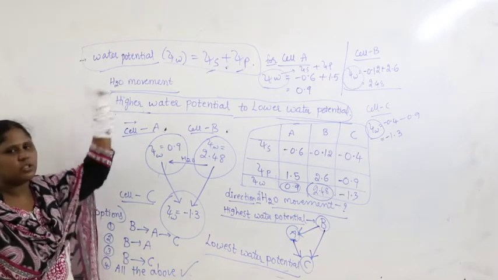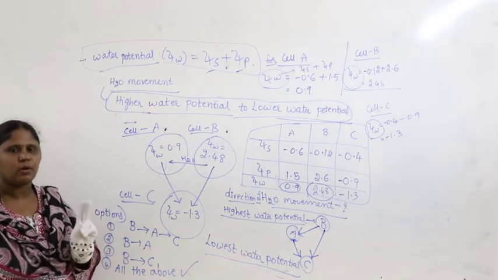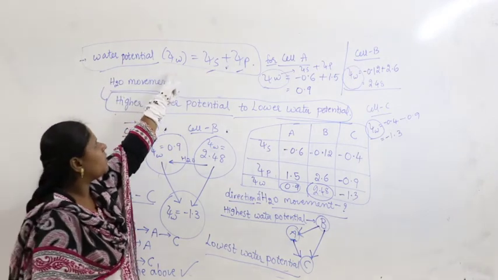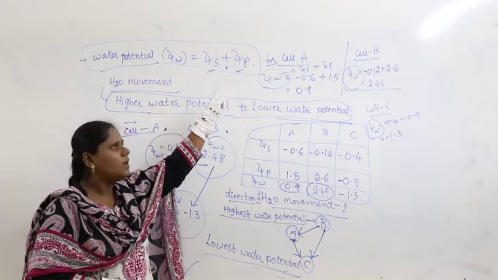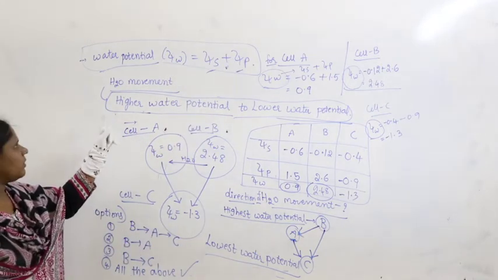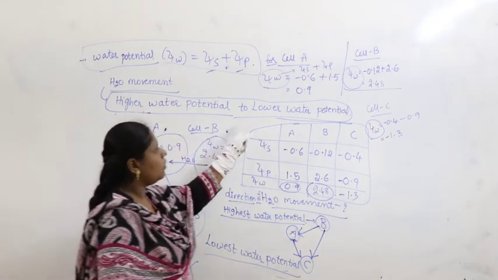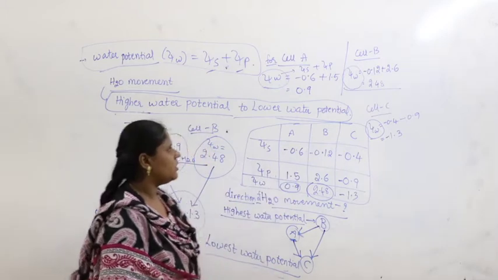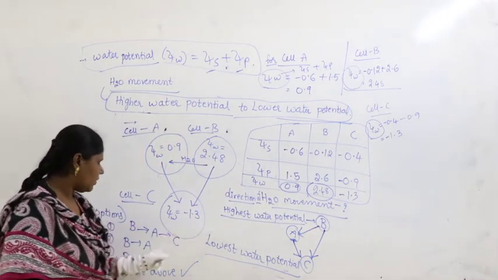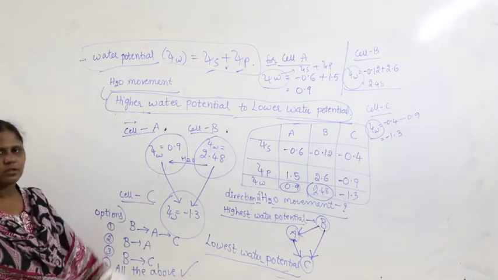At that time, you have to remember two things. What are the two important points to remember? Water potential is equal to solute potential plus pressure potential. And remember, water movement occurs from higher water potential to lower water potential. Accordingly, you can see the direction of water movement, that is from B to A to C, and also B to C. I hope you understood this, right?